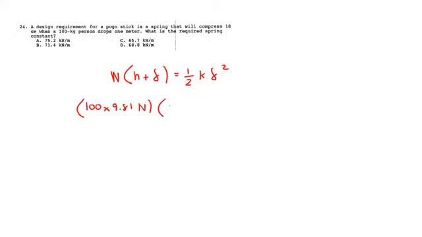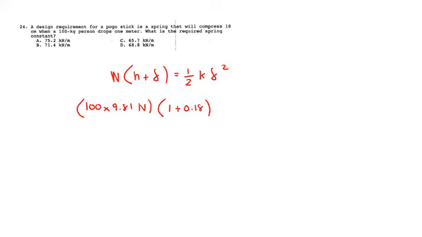So, para makuha natin spring constant, so weight times height plus deflection is equals to 1/2 K deflection squared. So, alam yung weight natin, 100 kilogram times 9.81 para maging Newton, times height na 1 meter plus 0.18 meter.